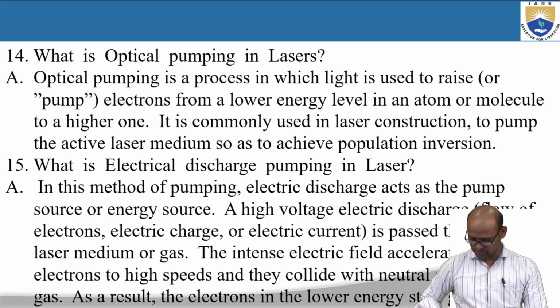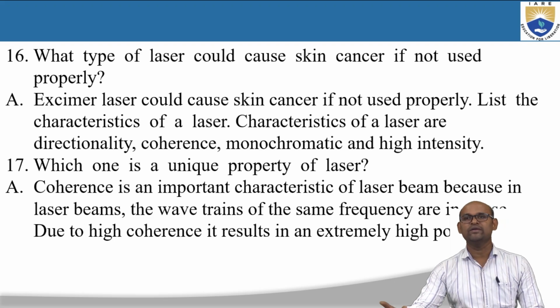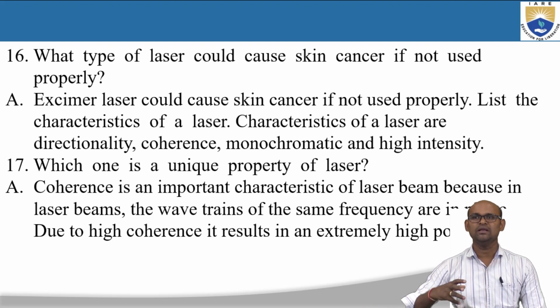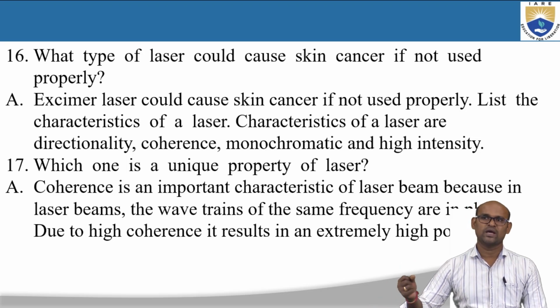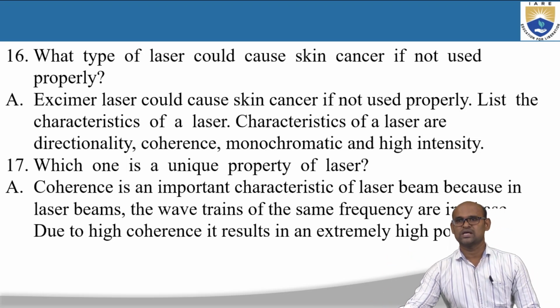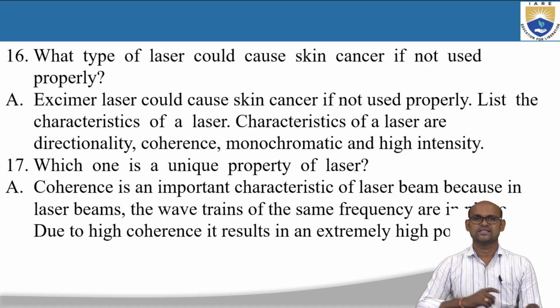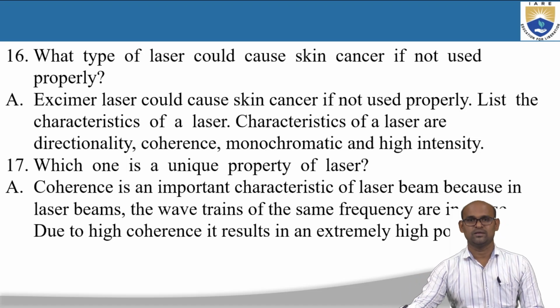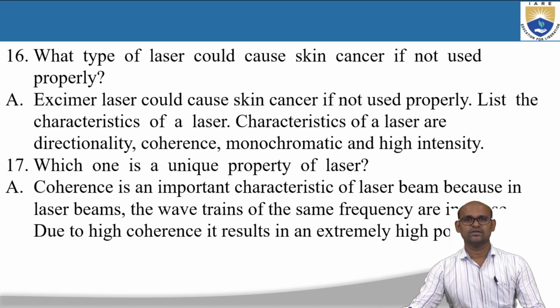Then these electrons present in this electric current will collide with the neutral atoms and transfer momentum to the atoms, and the atoms can lose electrons or gain electrons, and they will become ions and move towards the electrodes, and that is how we get excitation or pumping using this electric discharge.